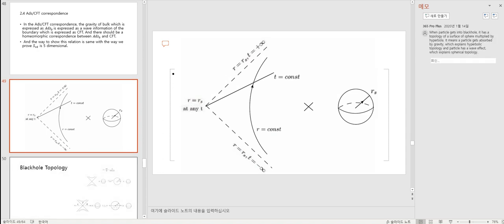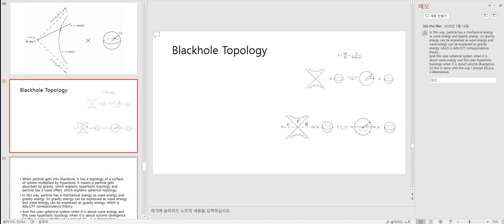When a particle gets into a black hole, it has a topology of a surface of a sphere multiplied by a hyperbola. It means a particle gets absorbed by gravity, which explains the hyperbolic topology, and the particle has a wave effect, which explains the spherical topology.